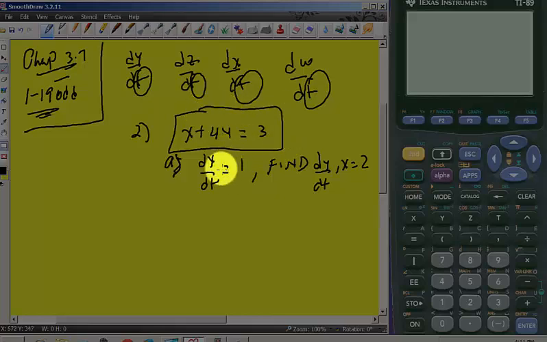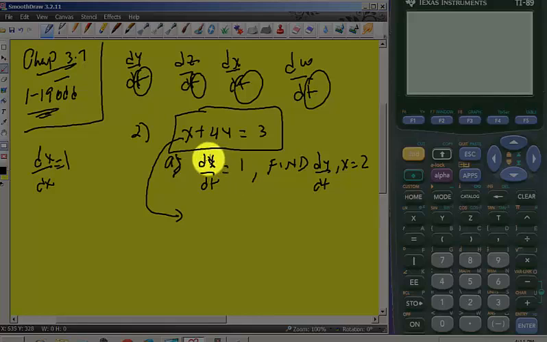So it's just like using a chain rule. Back in the day, when we took the derivative of x, it turned out to be 1, because we're taking the derivative of x with respect to x, which is 1. But now we're not going to take the derivative of x with respect to x.